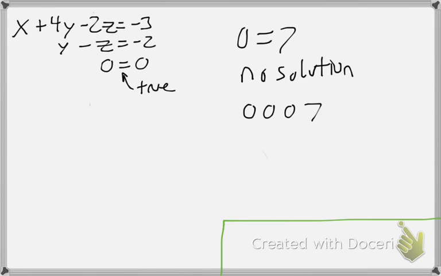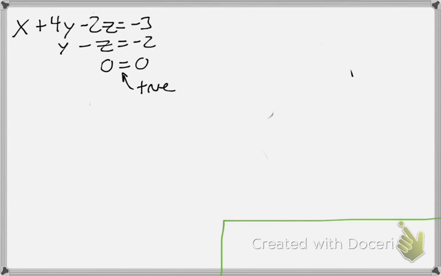If you ever run into that, that would be the no solution case. But here, this is the infinite solution case. And for the infinite solution case, they still want you to write it as an ordered triplet. So this is where I'm going to put that z can be anything.